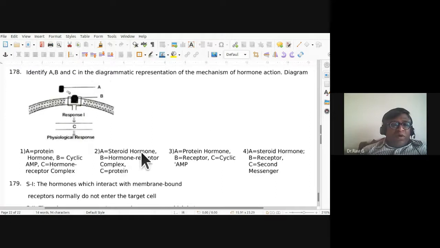Steroid hormone A, hormone receptor complex, C is protein. That is also wrong. So the 178, A is protein hormone, B is receptor, C is cyclic AMP. So that is the right option.